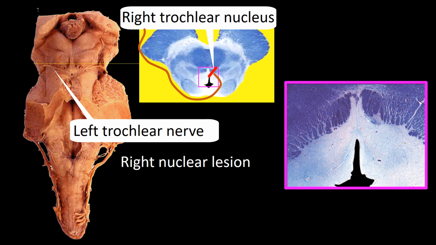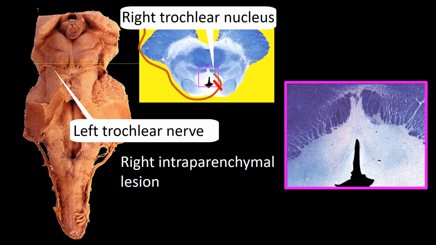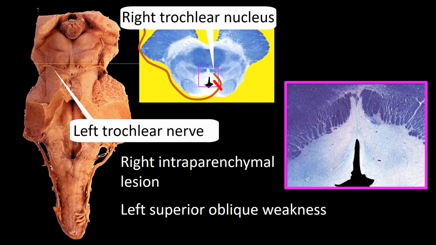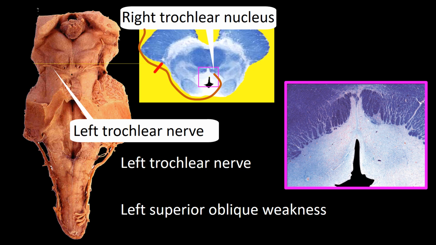A lesion in the right trochlear nucleus produces left superior oblique weakness. A right interparenchymal lesion hitting the fibers destined to become the left trochlear nerve will also produce left superior oblique weakness. A left trochlear nerve lesion will have the same effect.